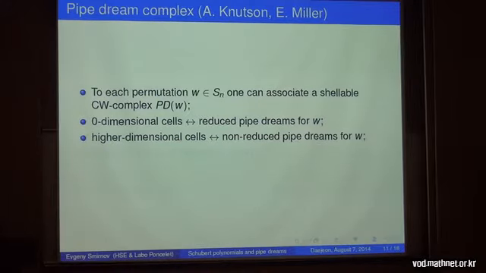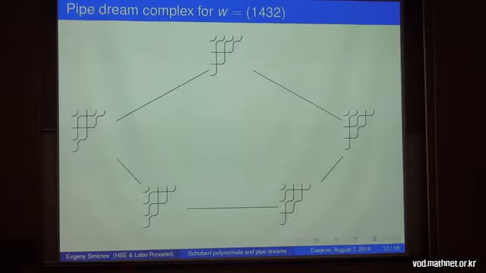Okay, and they proved that this complex is always homeomorphic to a ball, or in some exceptional cases to a sphere. And let me give you one example with our favorite permutation 1, 4, 3, 2.